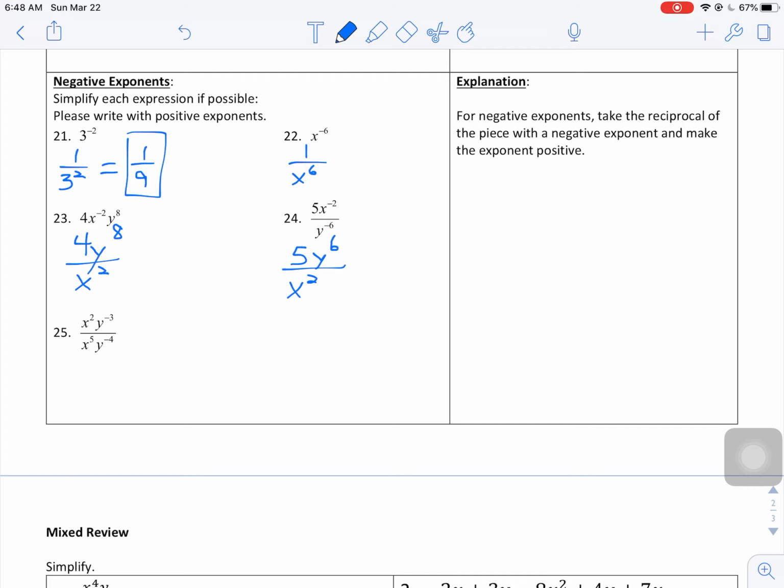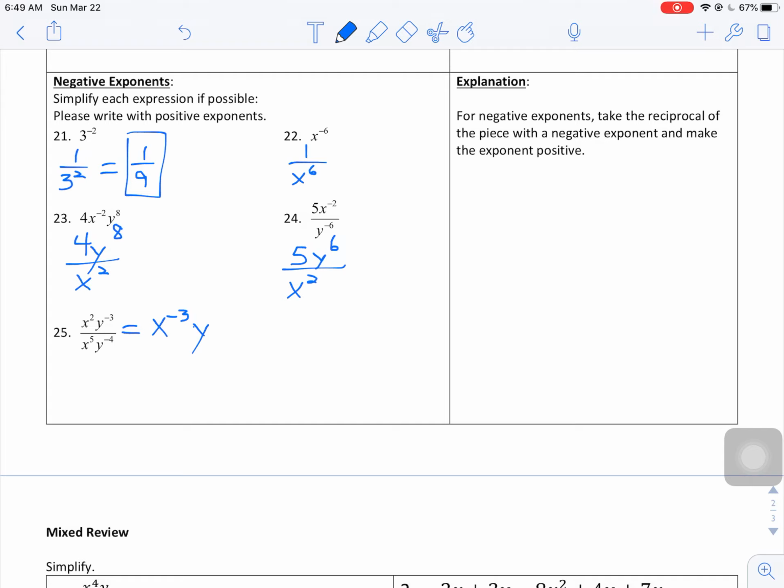So the quotient rule is the one that says when dividing like bases, subtract the exponents. So for the x's, 2 minus 5 is negative 3. And then for the y's, negative 3 minus negative 4 would be y to the positive 1.